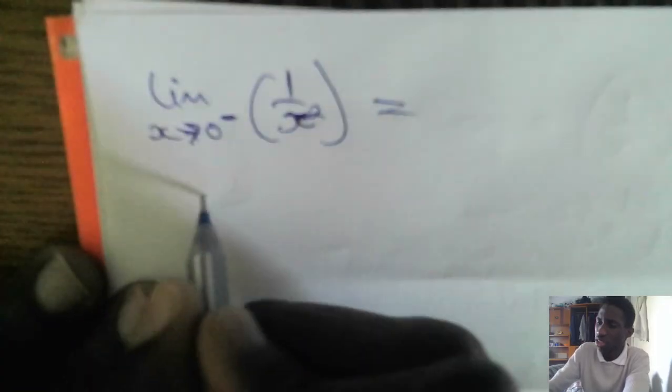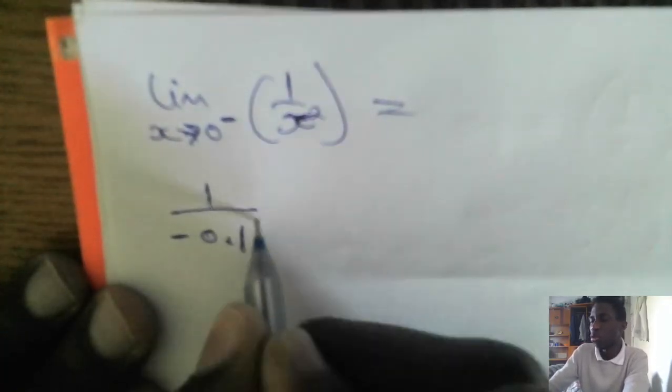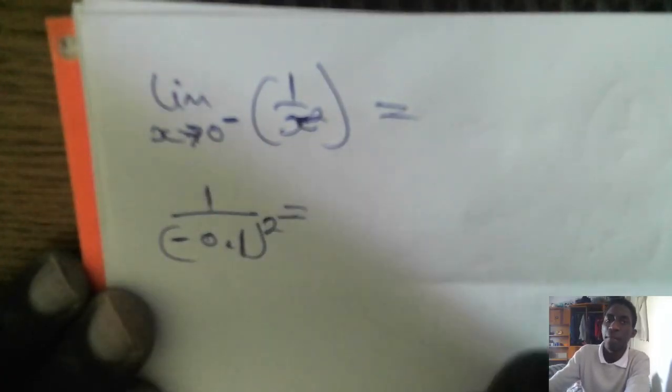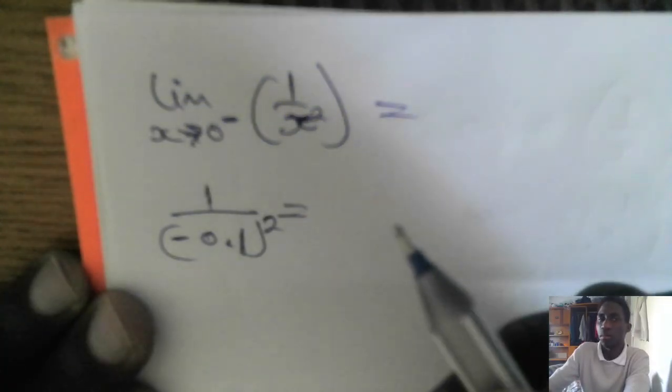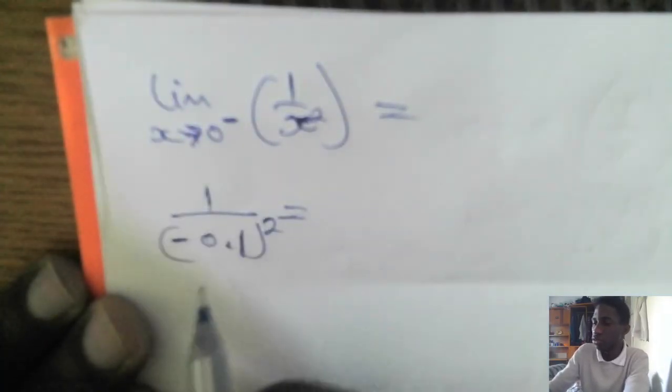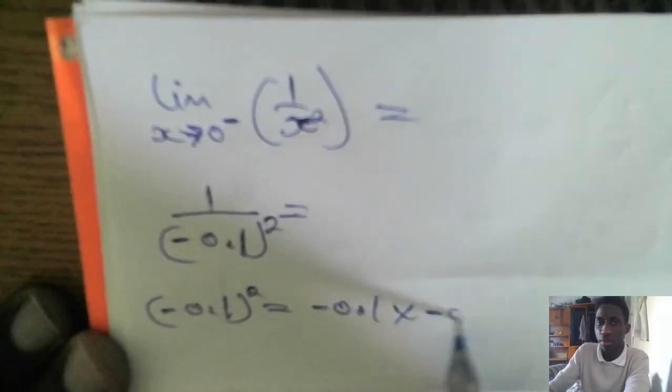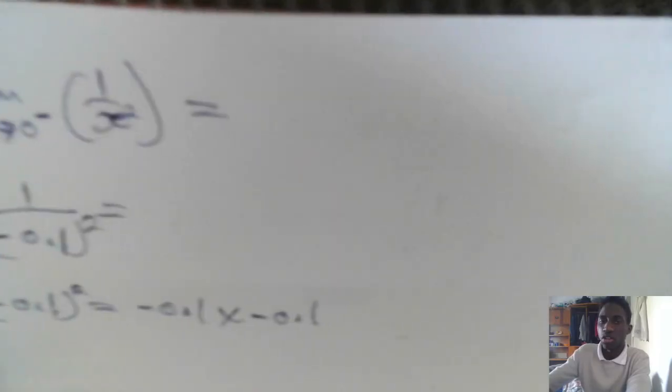We try numbers that are just very close, like minus 0.1 all squared. Now, whenever you square a negative number, what do you get? You get a positive number, because minus 0.1 all squared is minus 0.1 multiplied by minus 0.1, and minus times minus is plus, of course, algebra.